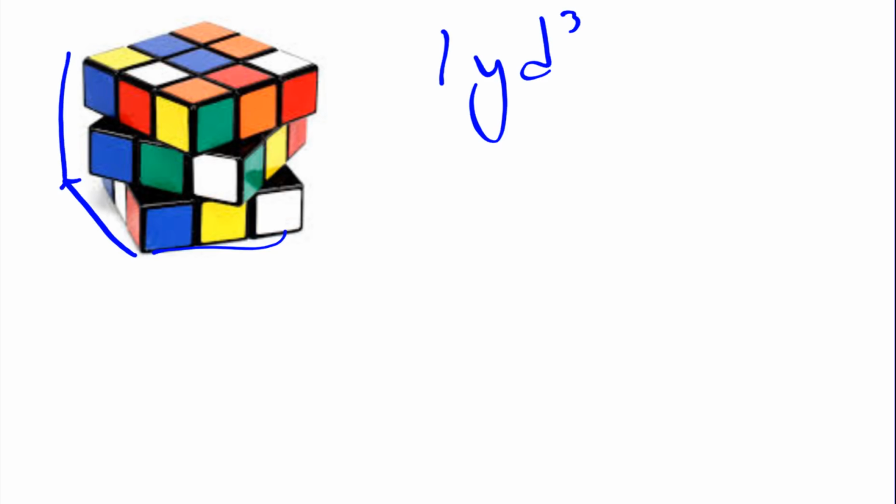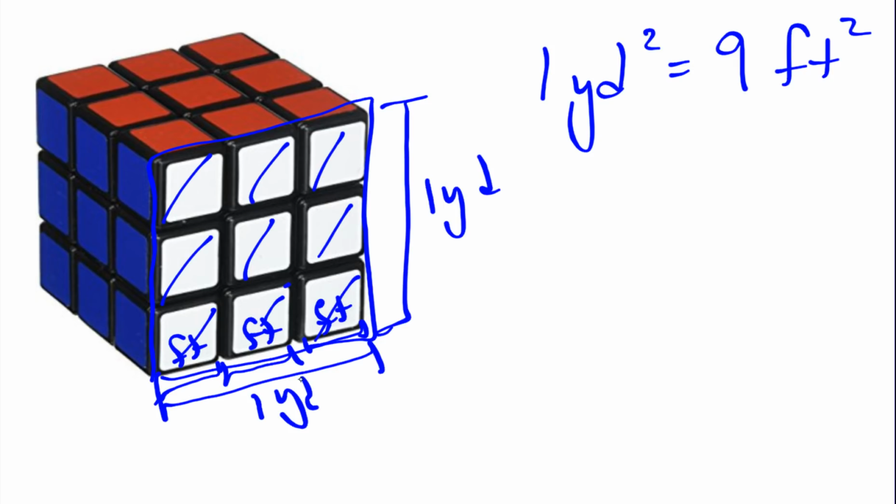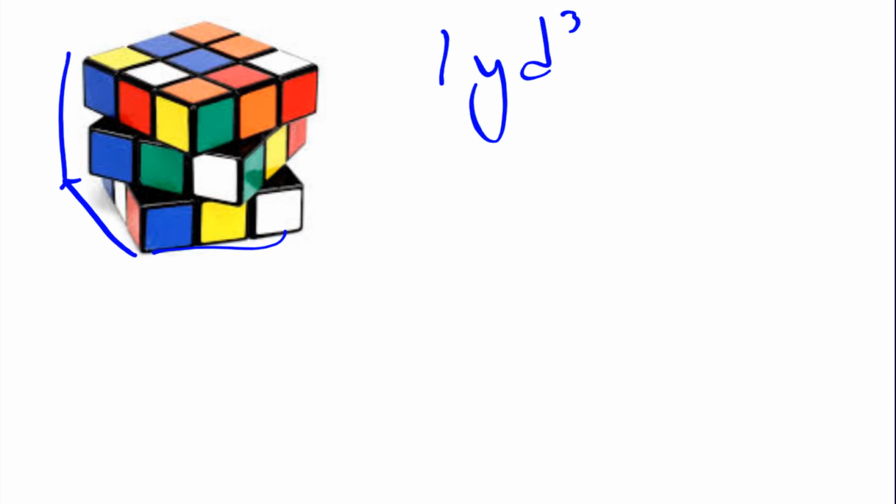When we're talking about volume, the entire Rubik's Cube is 3 by 3 by 3. That is 1 cubic yard, or 1 yard by 1 yard by 1 yard. We can go back to our previous example here. You've got your 1 yard this way, 1 yard here, yard by yard by yard. That's 1 cubic yard represented.